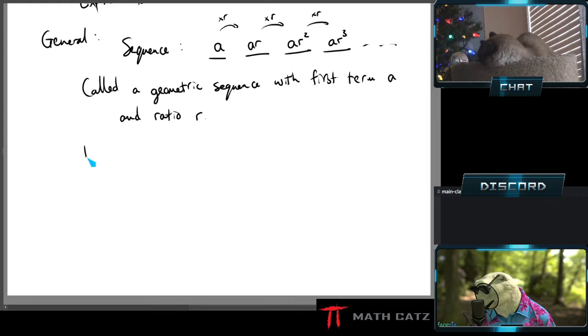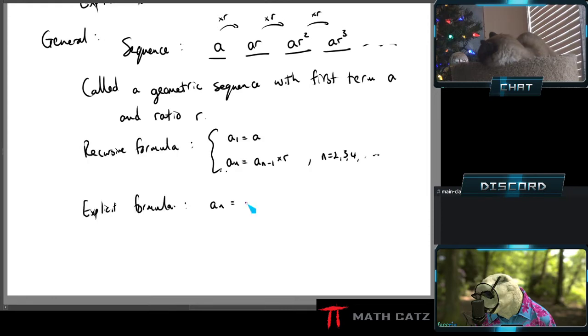Just putting in an a and an r in the appropriate places. And for the explicit formula: take the first term, and multiply the ratio to the power of n minus 1.